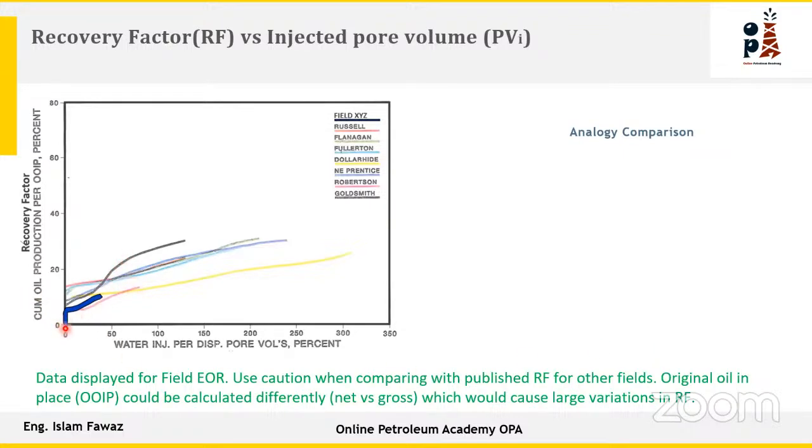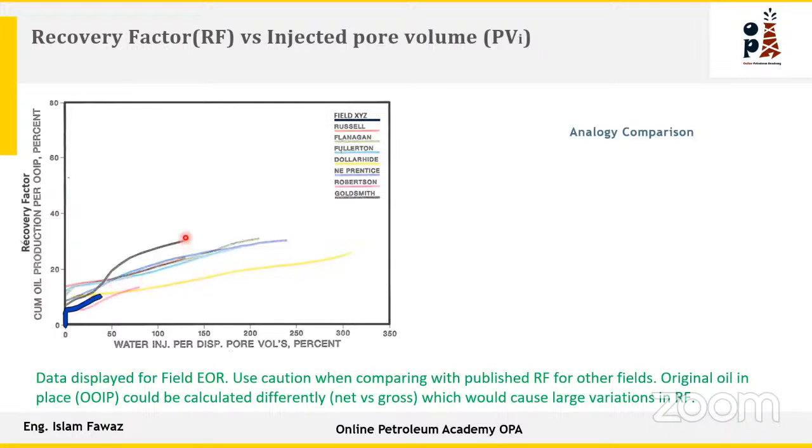Once you plot, it shows we start injection at 7% recovery, 7% depletion drive. If we inject around 30% of the pore volume, we get around 12 or 13% recovery factor. So if we keep applying injection, we achieve the ultimate recovery factor.